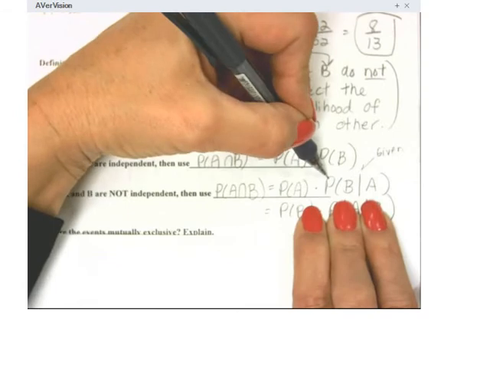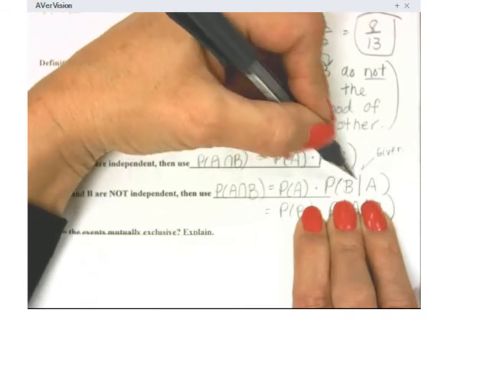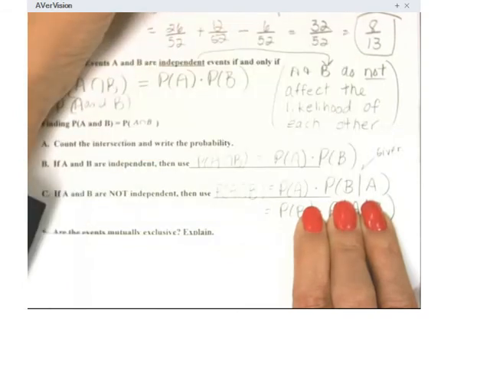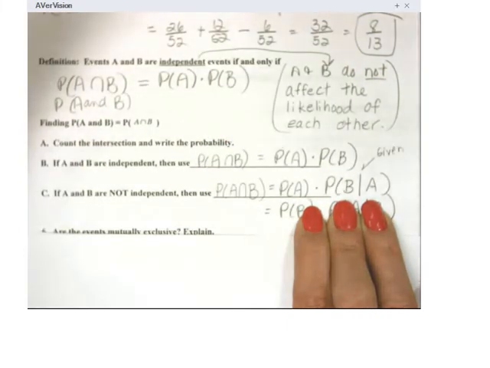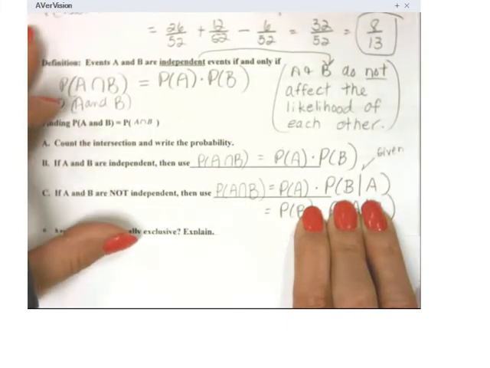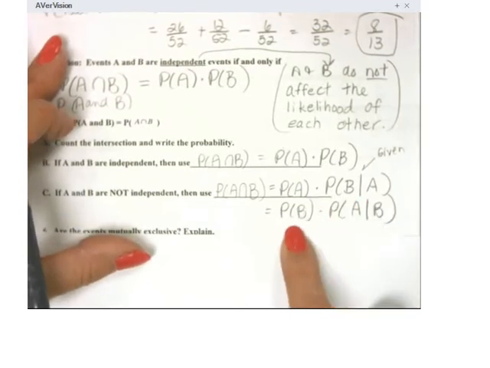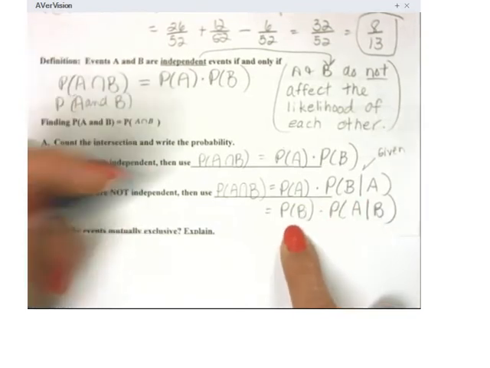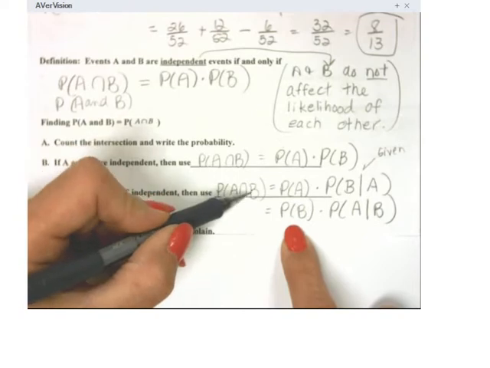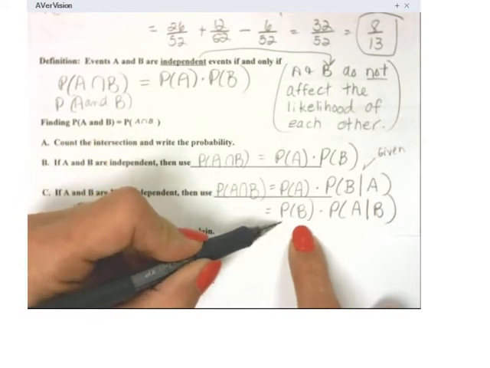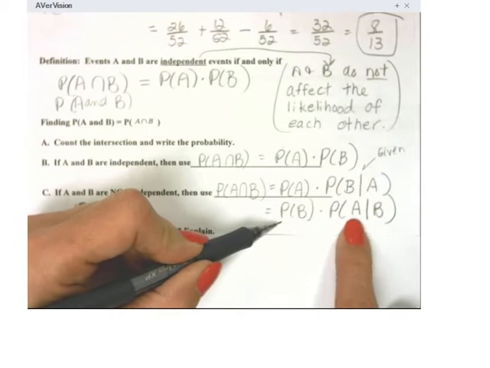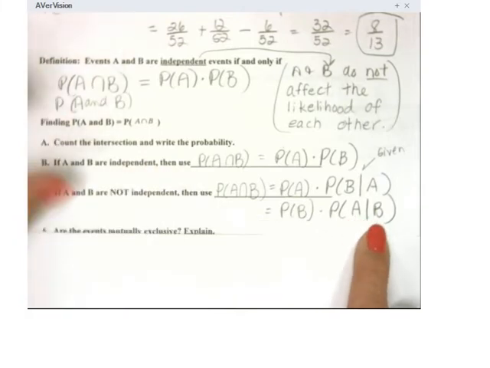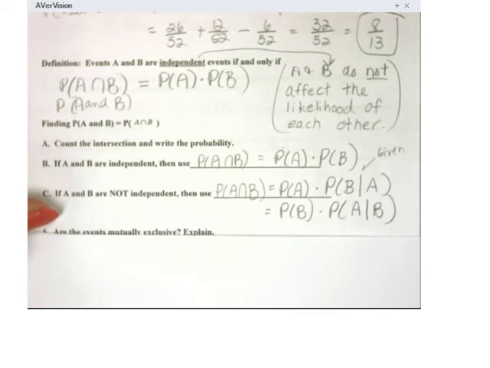We say this as the probability of B given A already occurred. That's called a conditional probability. Again, you have worked with it, you just possibly don't realize the symbolism. Likewise, it can be found the opposite way. If I want to find the intersection, I could find the probability of B first, and then multiply that by the probability of A happening, given that B already happened. Again, once we go to an example, this will make more sense.